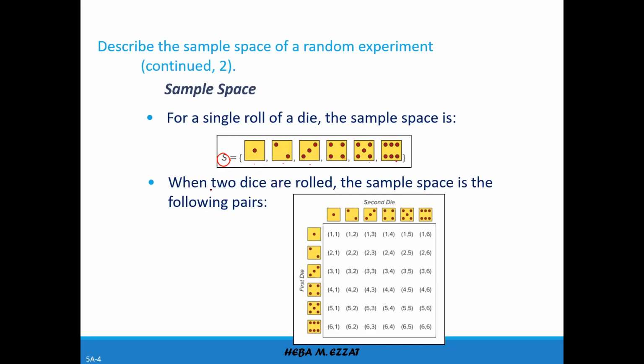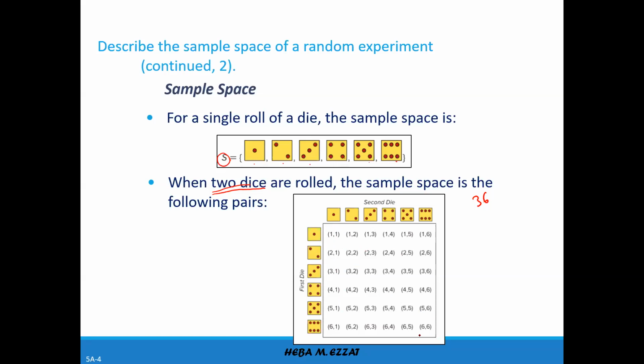And of course, if instead of 1 die we have 2 dice, in this case we have 36 possible outcomes. It's the combination of each number with each number. Both dice may show number 1, or one of them may show number 1 and the second number 2, and so on.